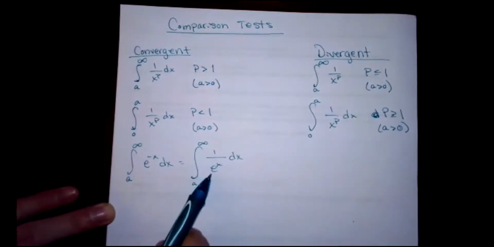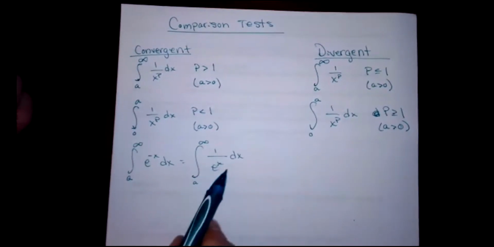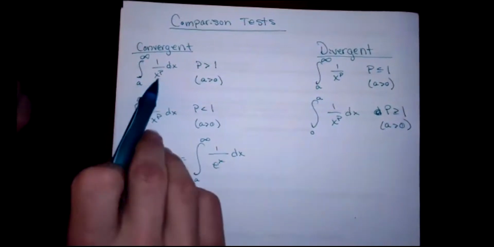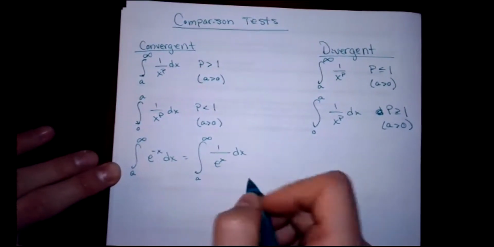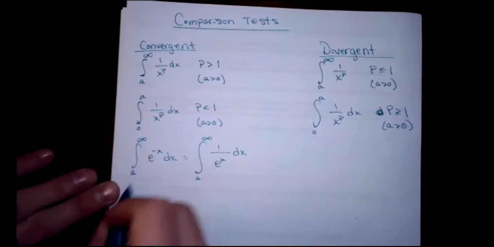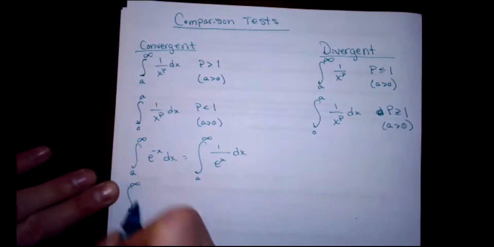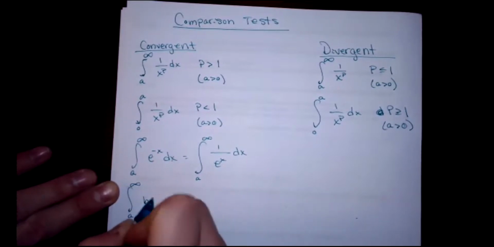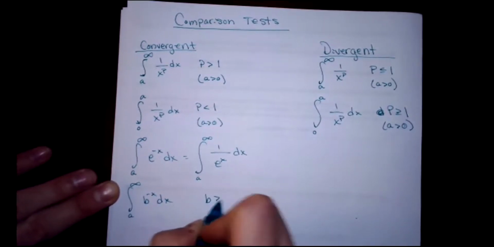So really what we have is the function in the denominator gets really big really fast. Gets bigger even than polynomials. So of course this will converge. Likewise, that's going to hold for any exponential function where the base is bigger than 1.